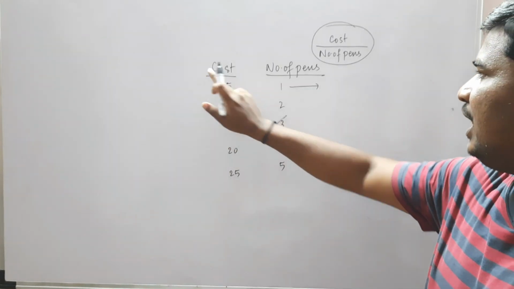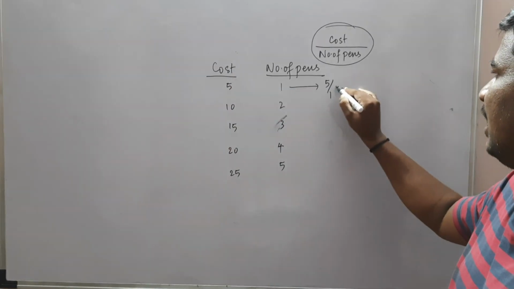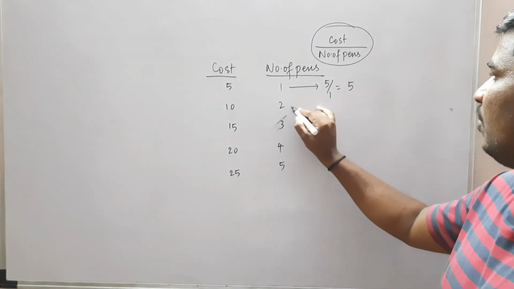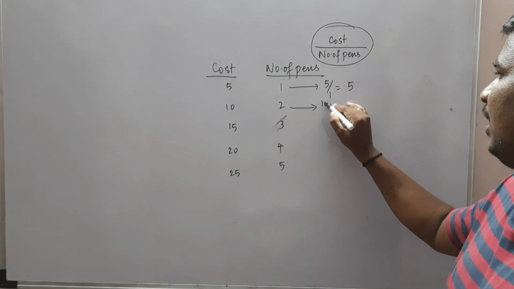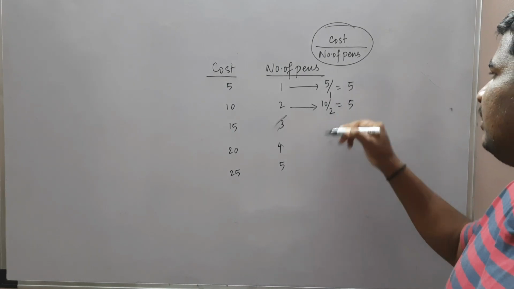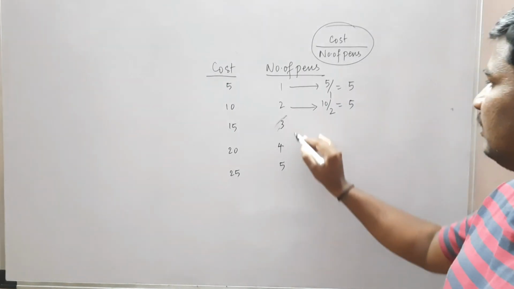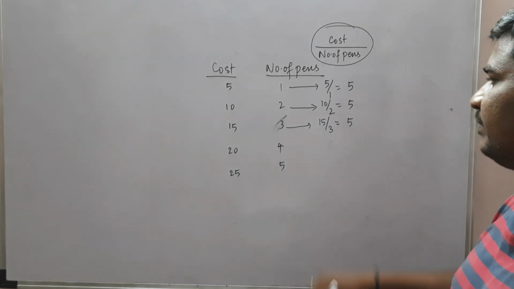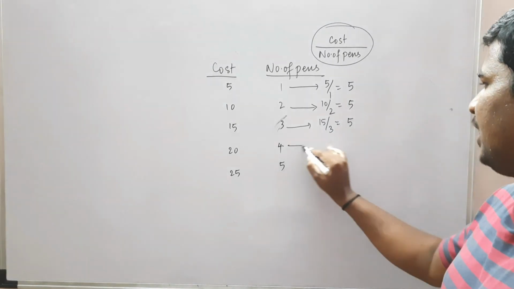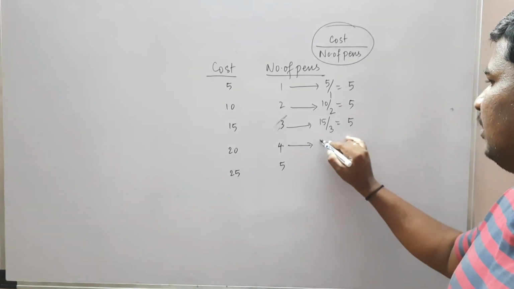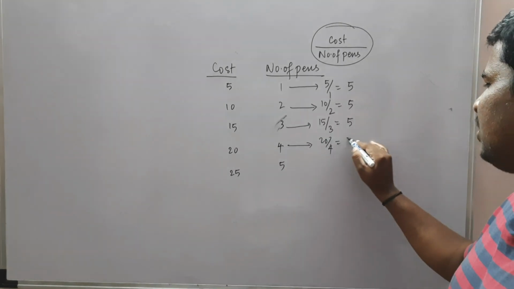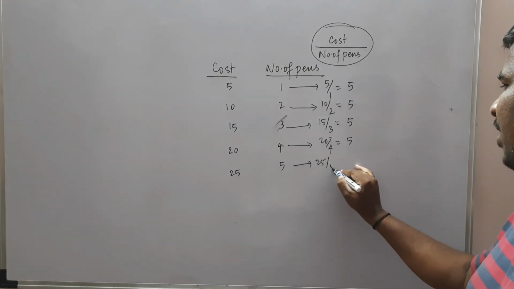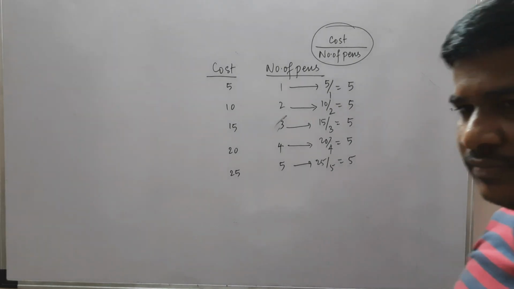So I should write 5 by 1 here, that is 5. Now 10 by 2, that is also 5. 15 by 3, here also it is 5. 20 by 4, it is also 5. 25 by 5, this is also 5.